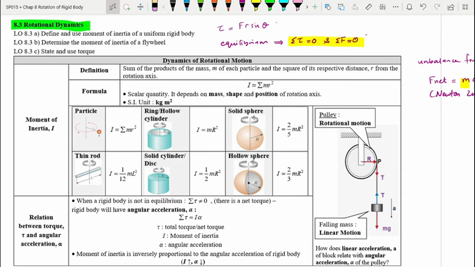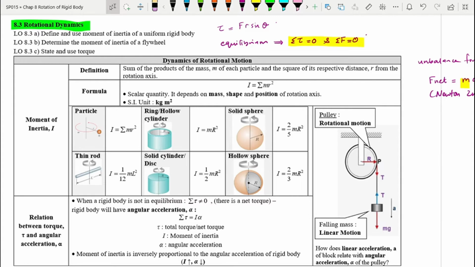Maksudnya, dia akan ada unbalanced torque. Okay. So, kita sebenarnya boleh analogikan torque ni sebagai force. So, kalau linear motion, bila ada unbalanced force, bila ada net force, objek tu akan accelerate.